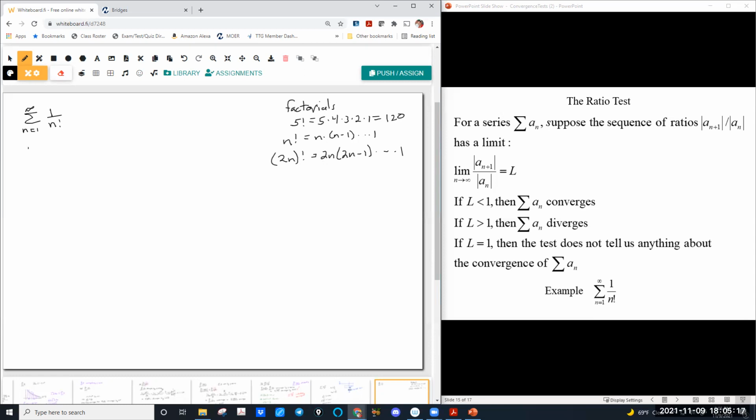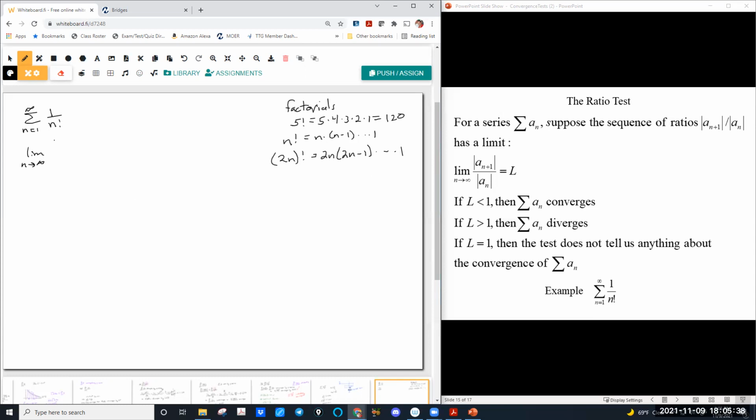What we have to look at is the limit as n goes to infinity of the absolute value of a sub n plus 1 over the absolute value of a sub n. I'll write it all out now, but I'll tell you some things you can shortcut as you get better with this.